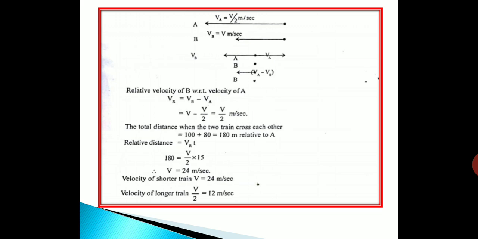Therefore, the speed of the shorter train is 24 meter per second, whereas the velocity of the longer train as per the given relationship is V by 2, which is equal to 12 meter per second. Hence, our answers are speed of train A 12 meter per second, speed of train B 24 meter per second. As simple as that.